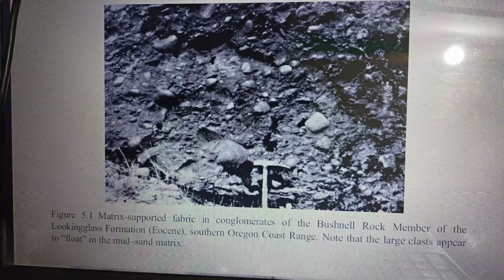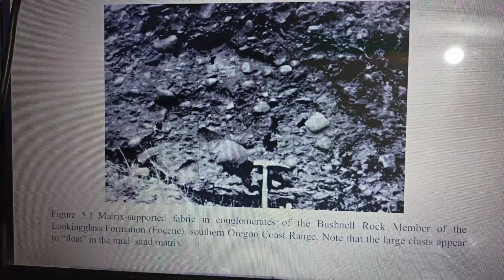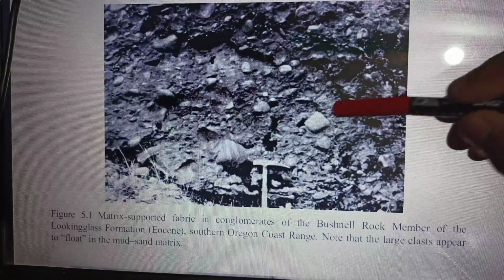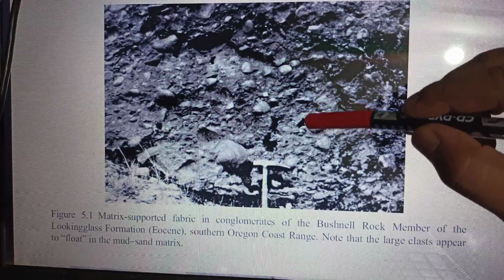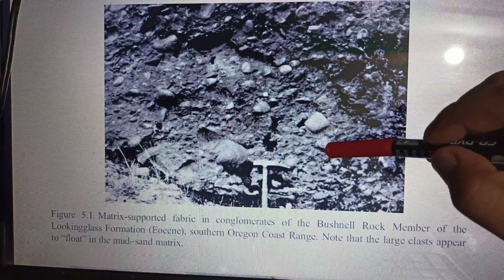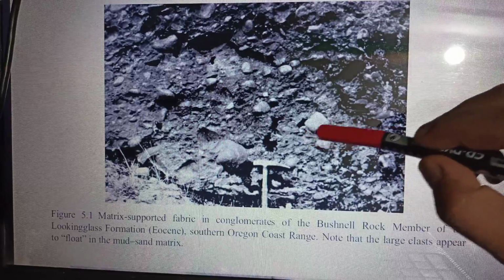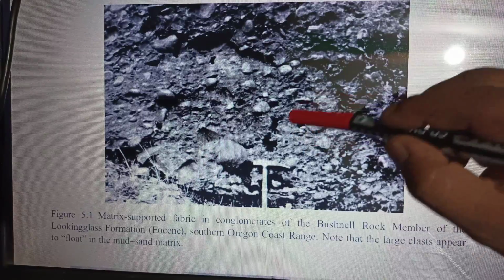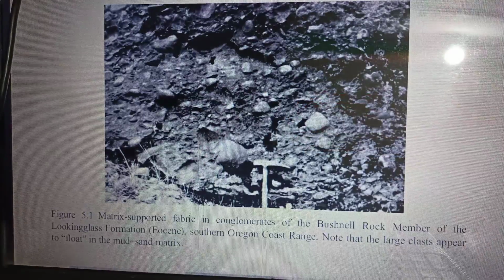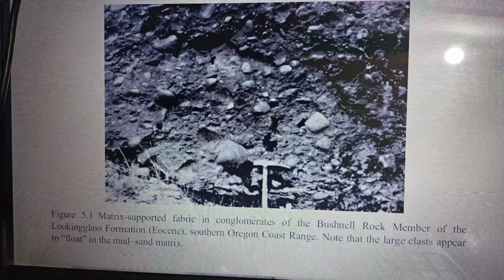This one is mud supported. Why mud supported? Can you see two grains in contact with each other? No, there is a huge band of matrix in between them. So these conglomerates are generally mud supported.